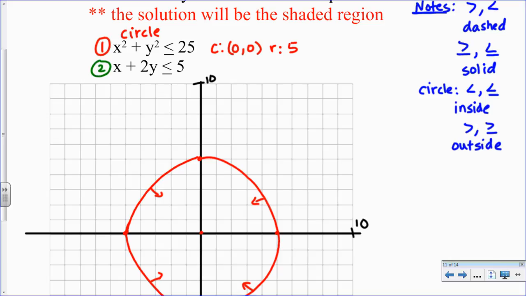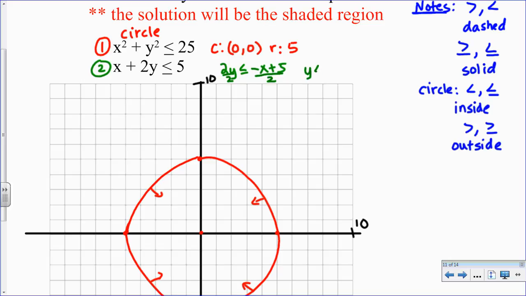What's my next inequality? What's that graph? Yep, it's a line. So let's get y by itself. 2y less than or equal to negative x plus 5. Divide everything by 2.